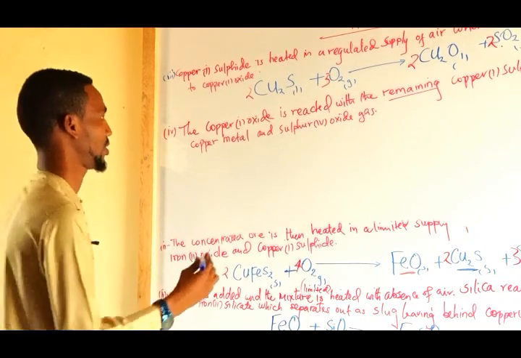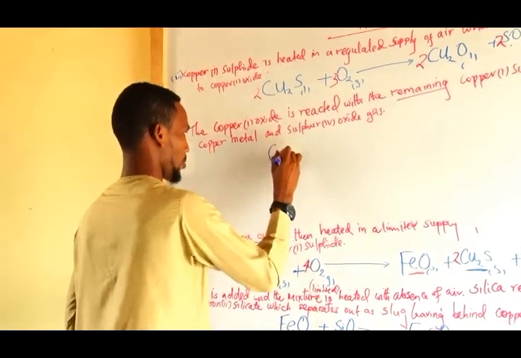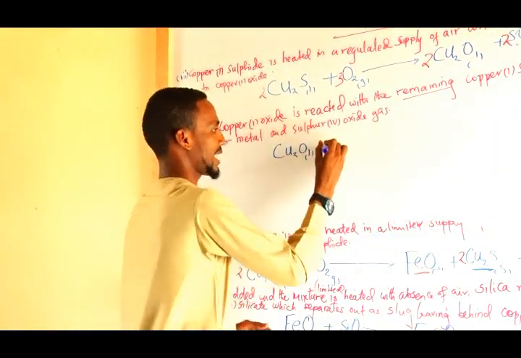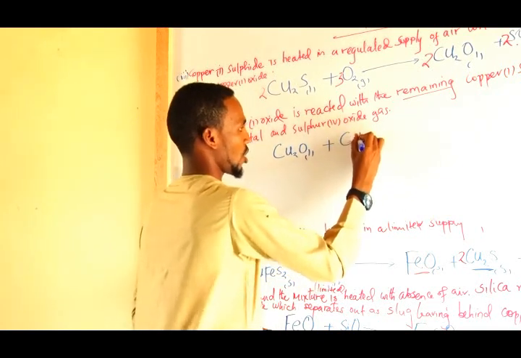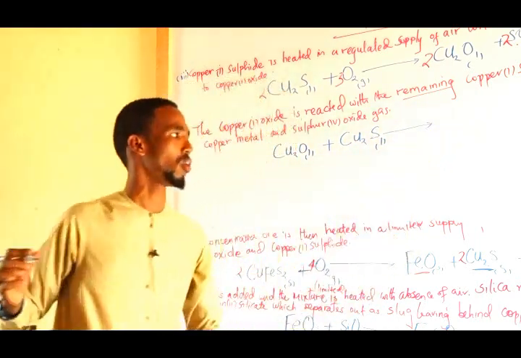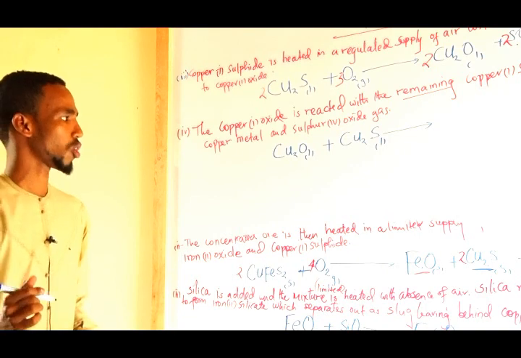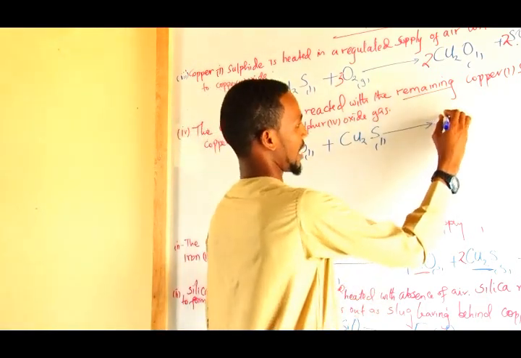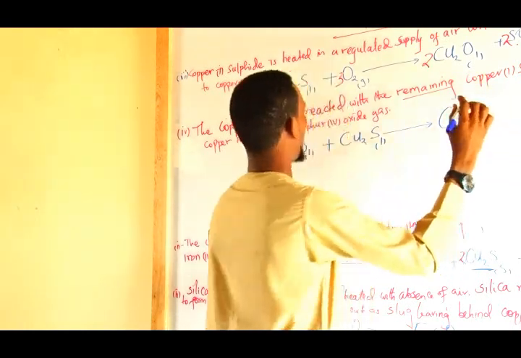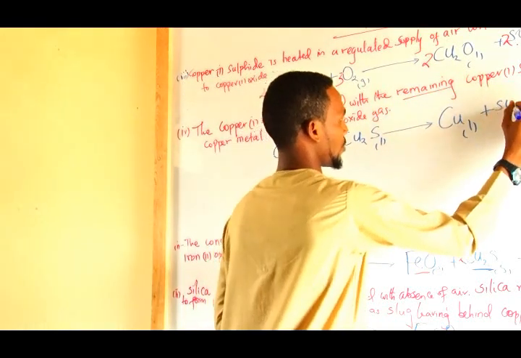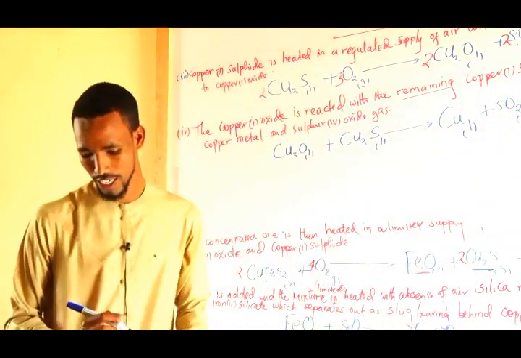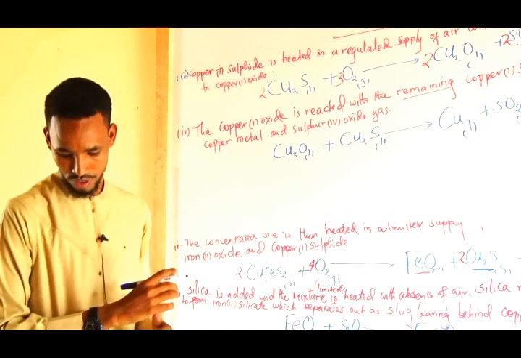So let's write this equation. Now what will happen here? Copper 1 oxide will be reacted with the remaining copper 1 sulfide, and then what you will get is copper metal and sulfur 4 oxide gas.